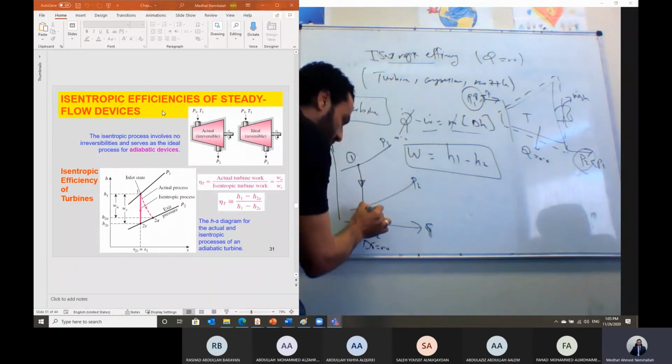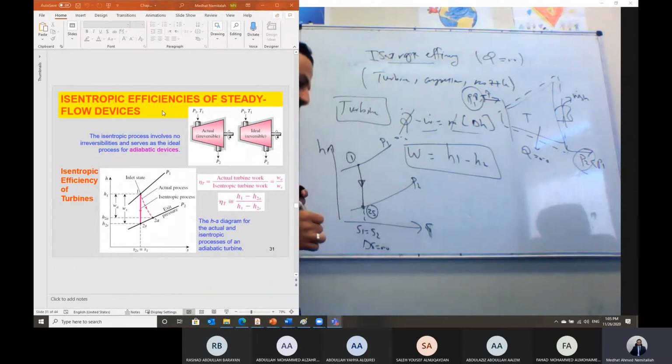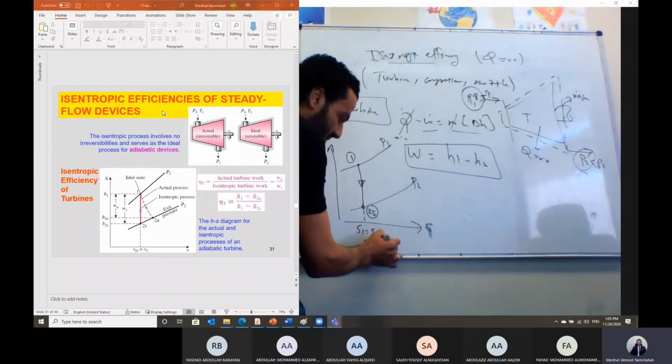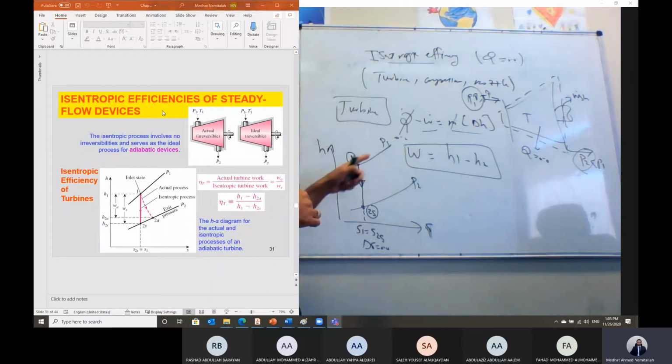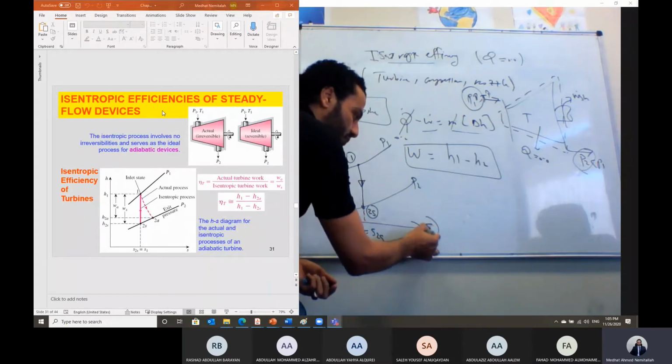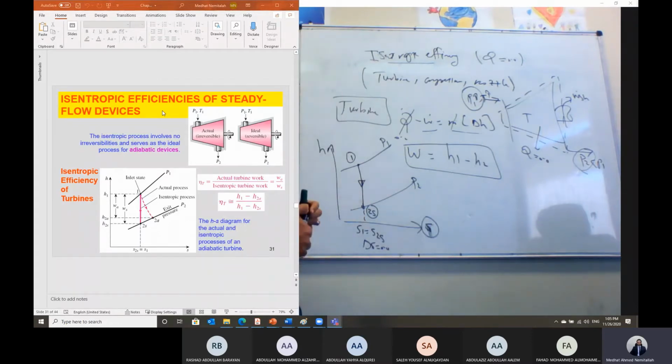And the exit point of this turbine, I will call it 2s. So s1 is the same as s2s if the process of expansion inside this turbine is an isentropic process. But if the process is isentropic, delta s is zero. We said the change of entropy gives us indication about what?